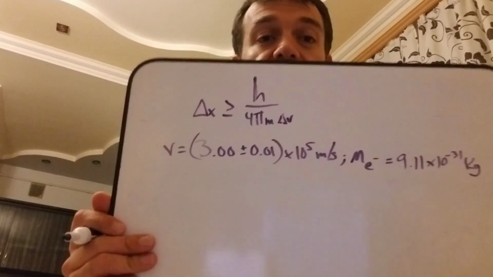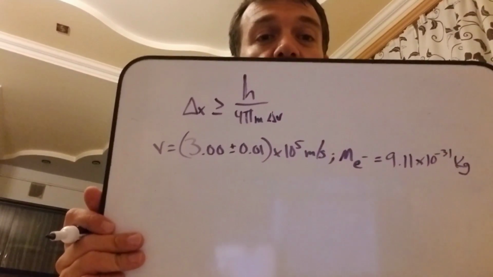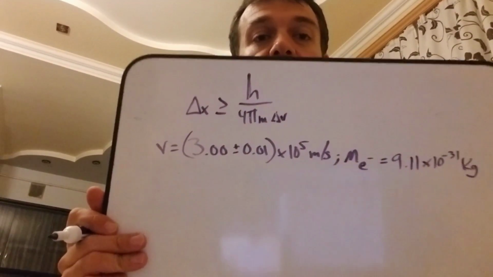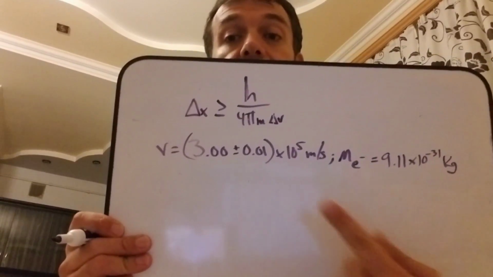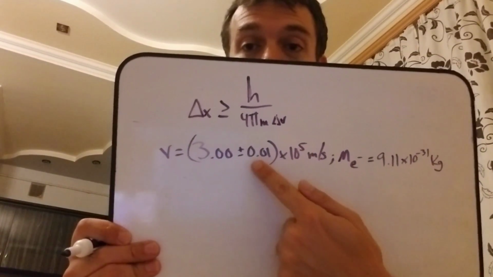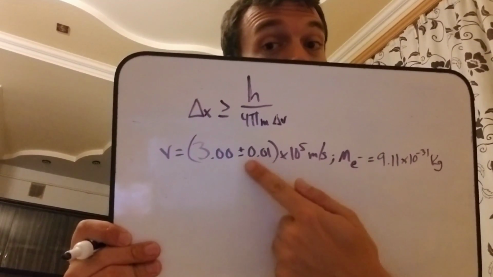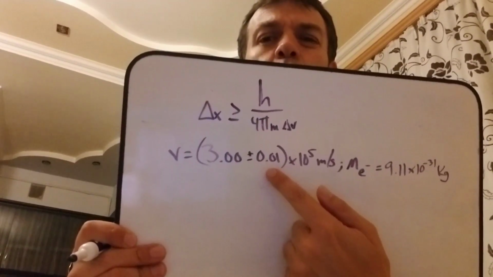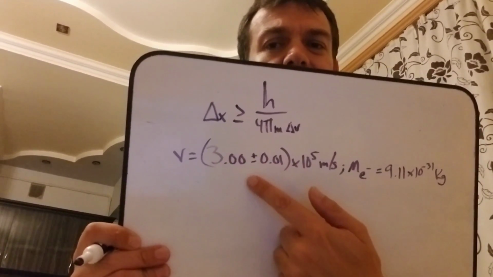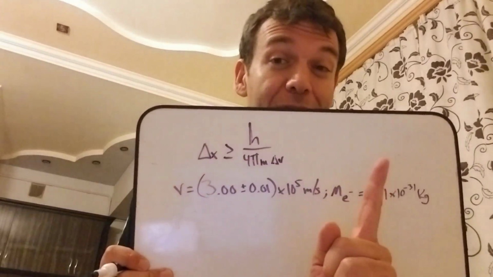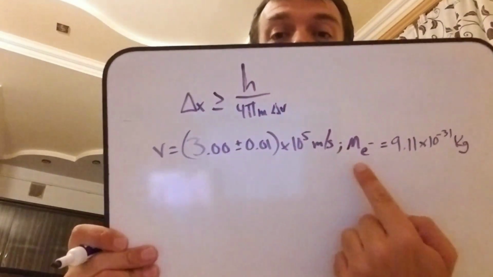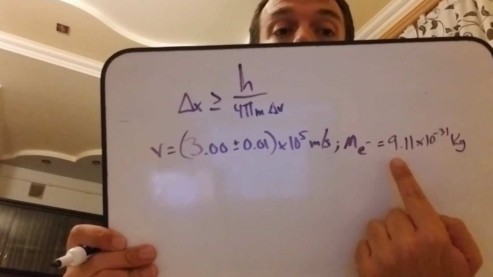Okay, again, here's the given info. It says calculate the uncertainty in the position of an electron moving that fast with a little bit of error right there. That's some uncertainty, by the way, because it's within about 1/100th of this. But it's uncertainty because we don't know. That's why there's a plus or minus.